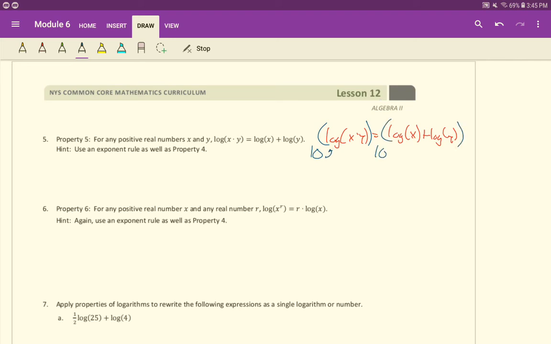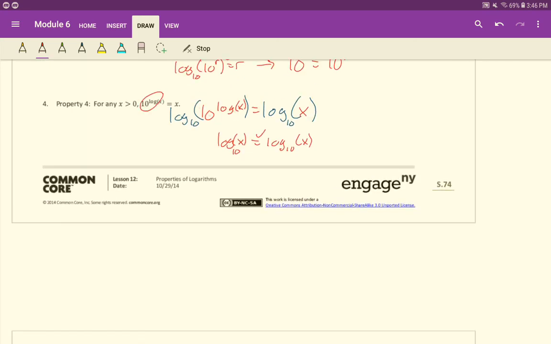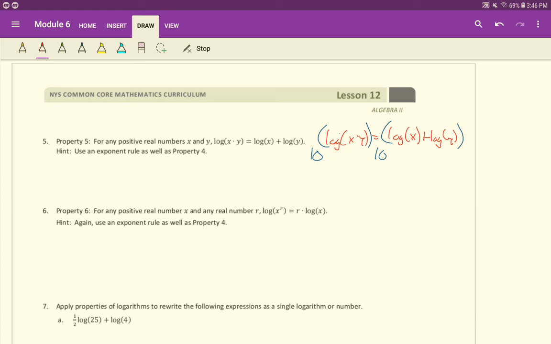So it's going to be 10 to this power and 10 to this power. Okay, now, using our properties of logarithms, we just saw here that if we have 10 to a logarithm, it simplifies out and leaves you just with what was inside there. So this will simplify out and we're left with just x times y.